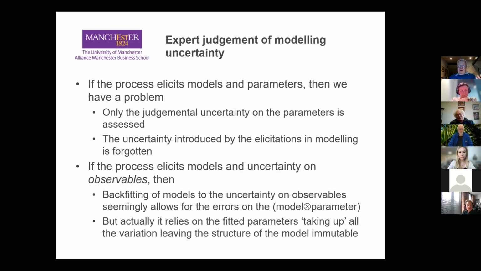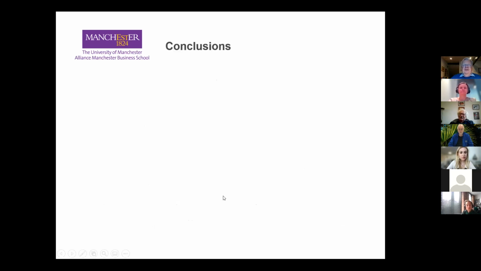So we're sort of squeezing or twisting the model to take up the best fit to the expert judgments, but all the parameters are doing all the work and the model's not bending at all. And that means we're not really getting a handle on the uncertainty.